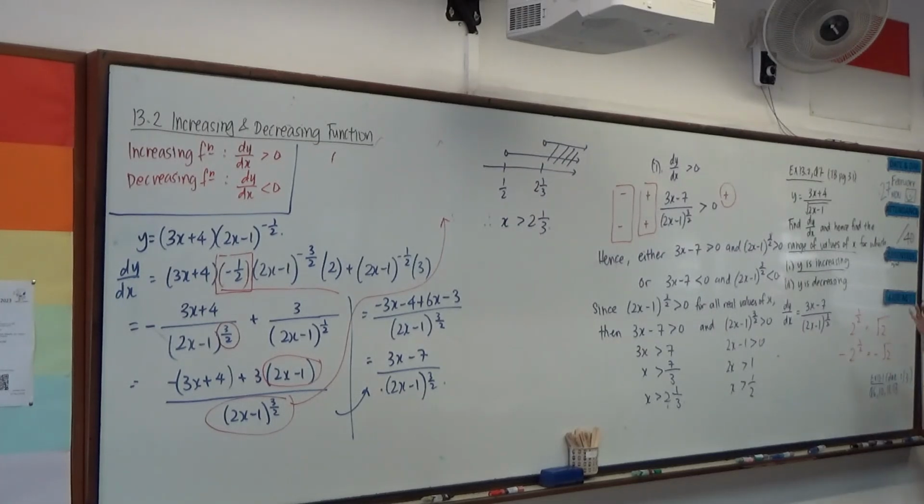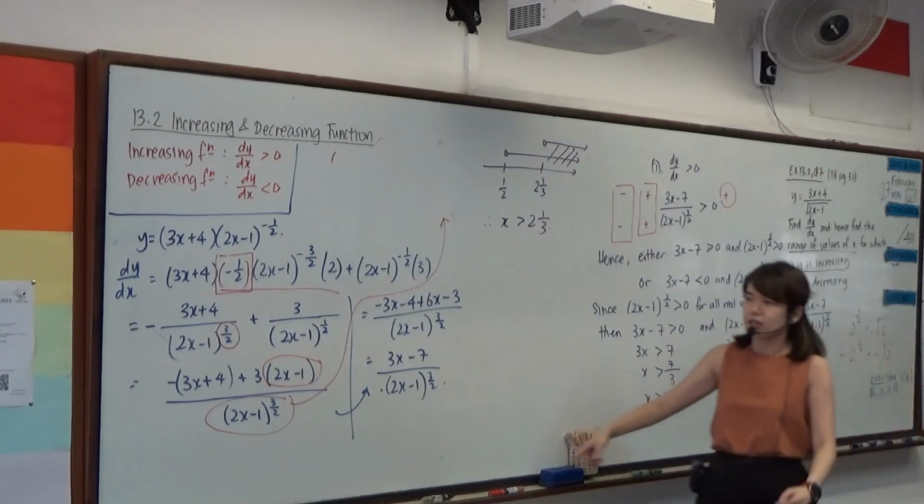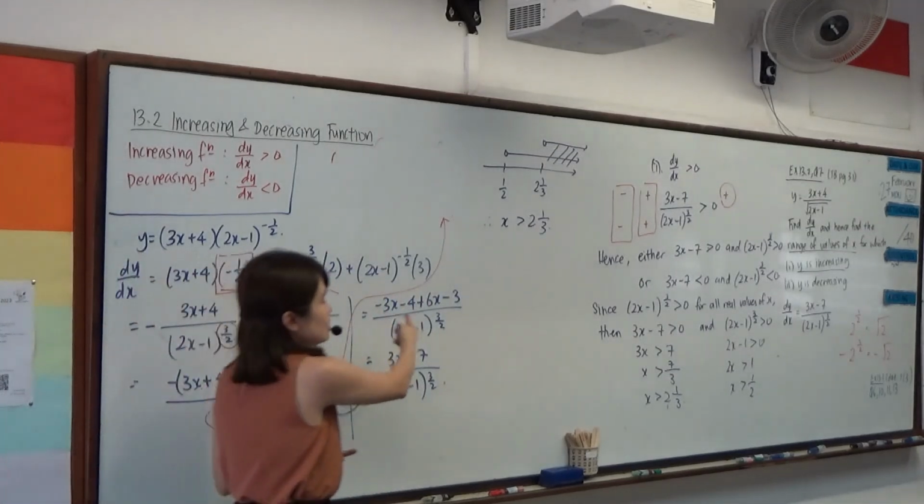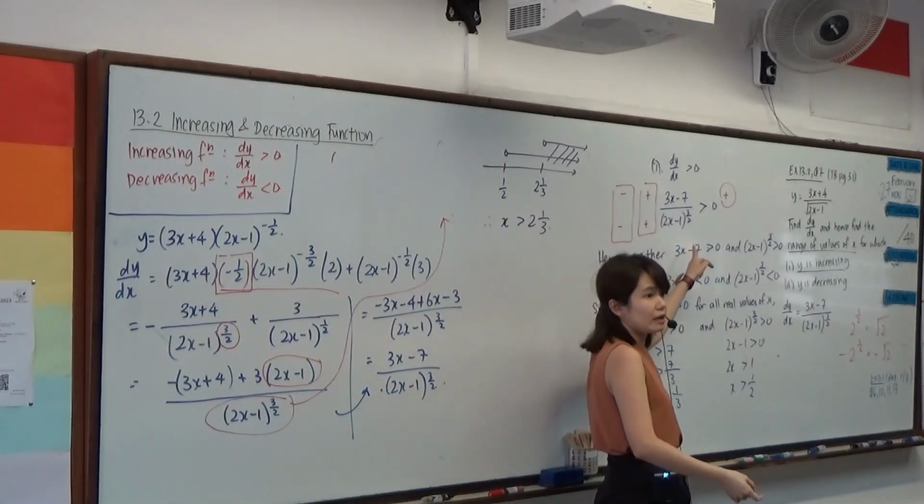I want us to be able to see that the whole reason why we use the quotient rule to get it into a single fraction is because if I don't have it in a single fraction and I have it written in this kind of manner, there is no way for me to solve the inequality at all.